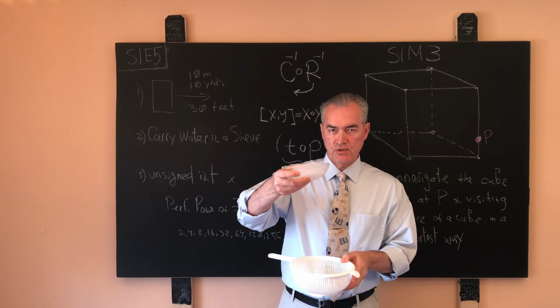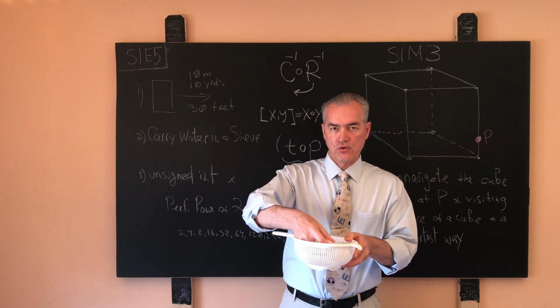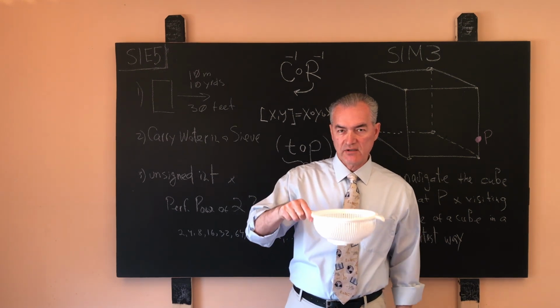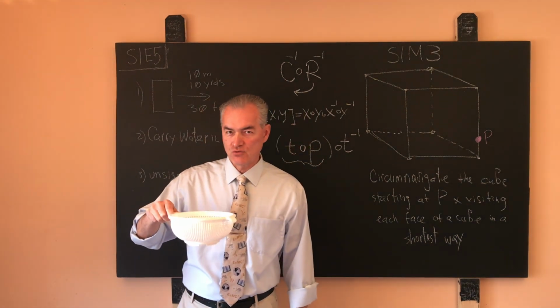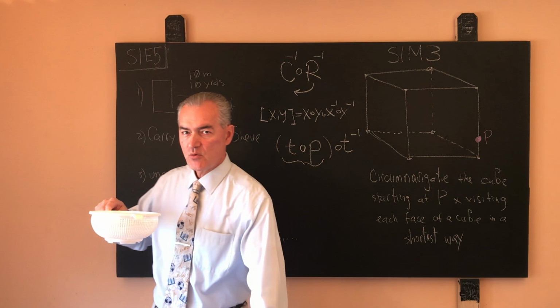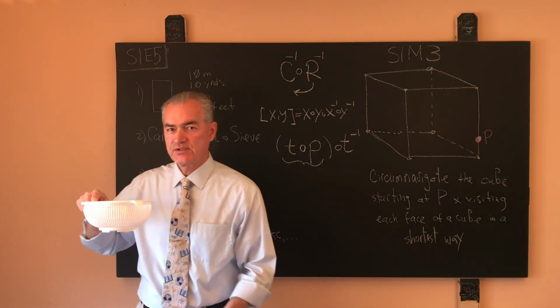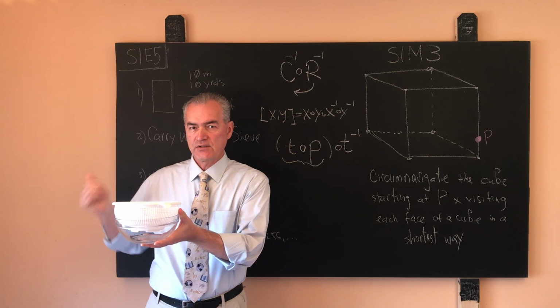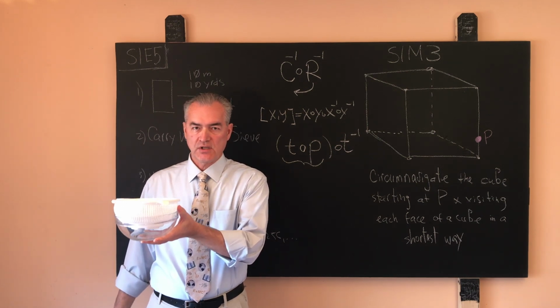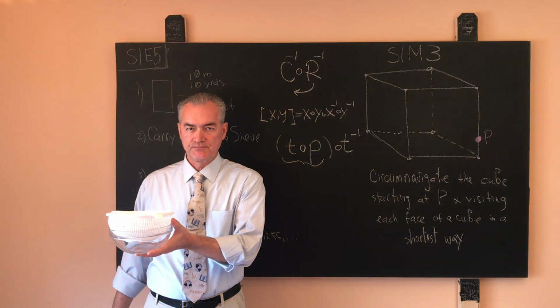Then we put the frozen water into the colander. Then we carry the water in the sieve across the room the required distance, and then we position that sieve over the original vessel and wait for the ice to thaw, and with this we solve the given problem.